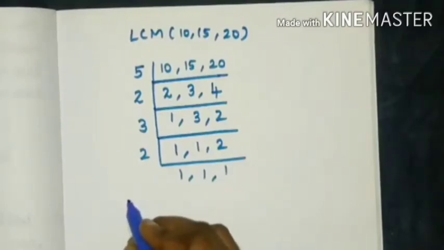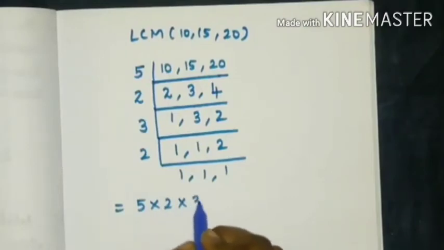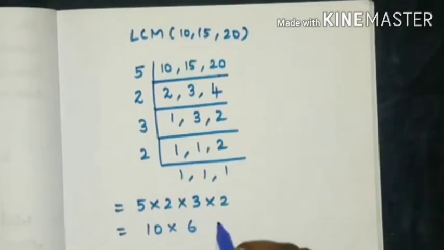Let's find the product of factors: 5 into 2 into 3 into 2. 5 2s are 10. 3 2s are 6. Equal to 60 minutes. After 60 minutes, they will meet together.